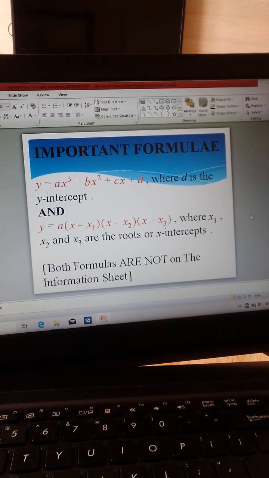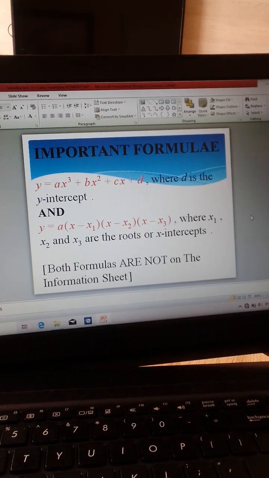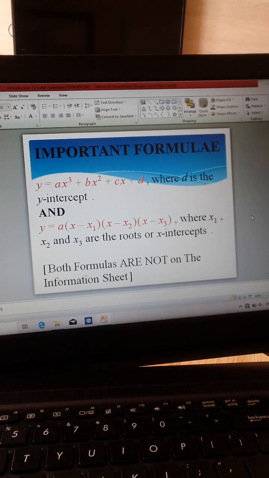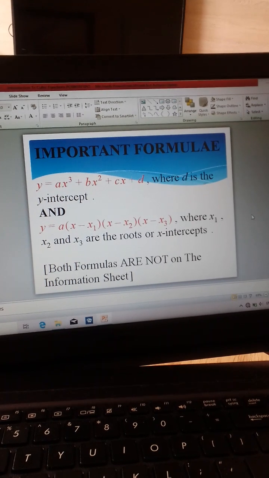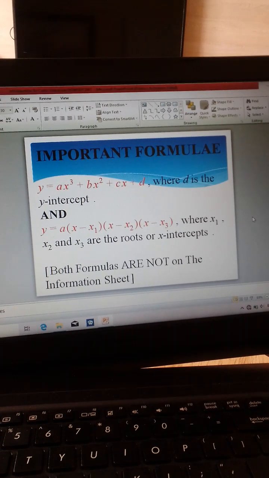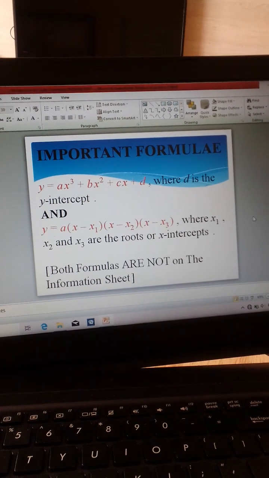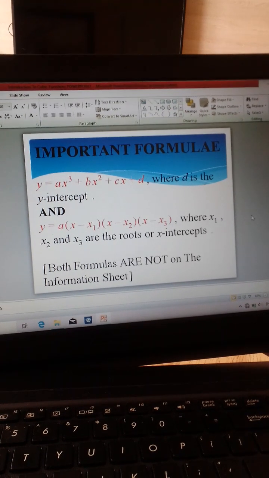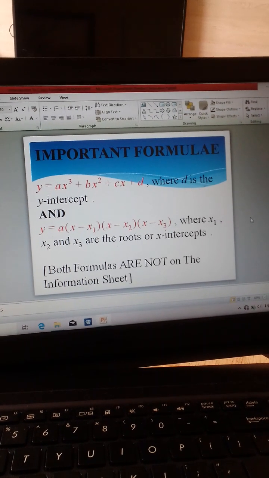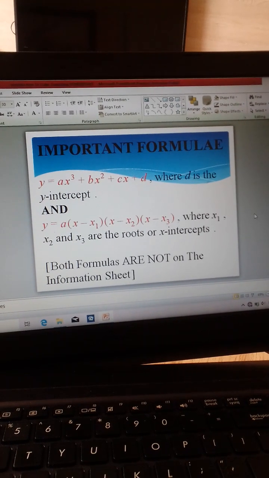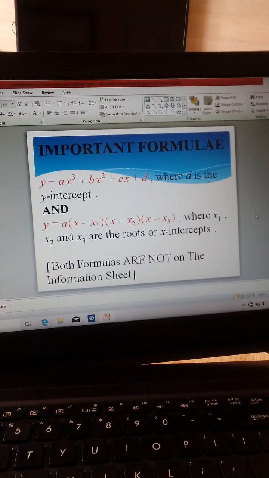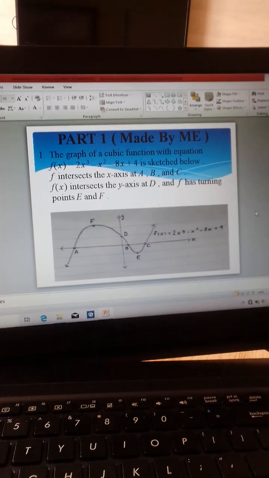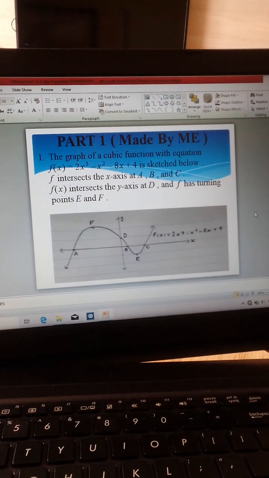And y is equal to a open bracket x minus x1 close bracket, open bracket x minus x2 close bracket, open bracket x minus x3 close bracket, where x1, x2 and x3 are the roots or x-intercepts of the function. This is the factorized form. Both formulas are not on the information sheet, so you need to know them off by heart. So that's part one.